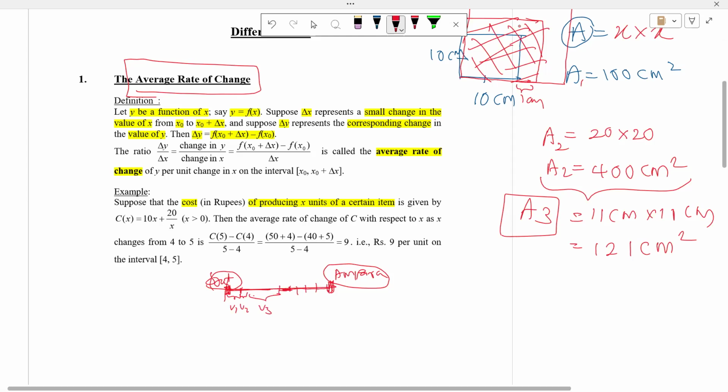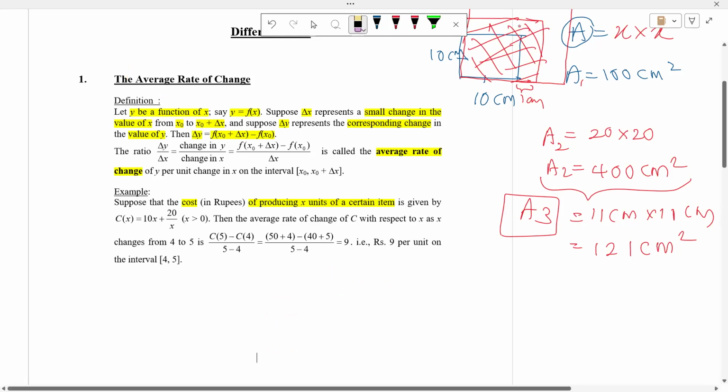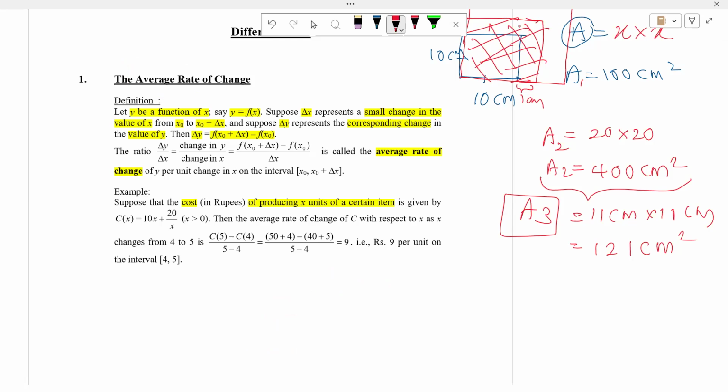So the total change, the overall journey velocity, is the average velocity. The meaning of this is, someone asking you what is the average velocity, right? If you find out this average velocity, that is what we can call the rate of change, right? That is the differentiation as well.